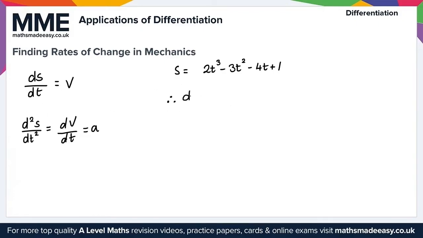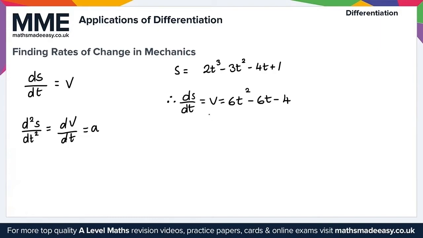So ds by dt is equal to v, which, differentiating term by term, 2t cubed gives us 6t squared, minus 3t squared gives us minus 6t, and finally minus 4t gives us minus 4. So that gives us v, the velocity.